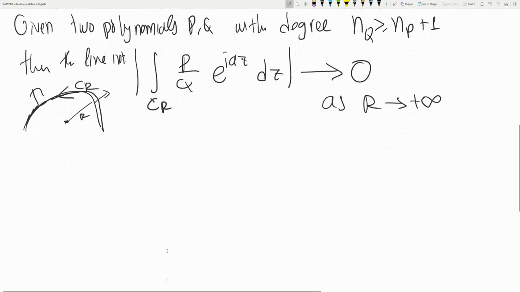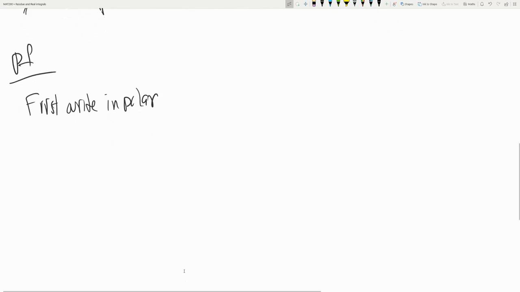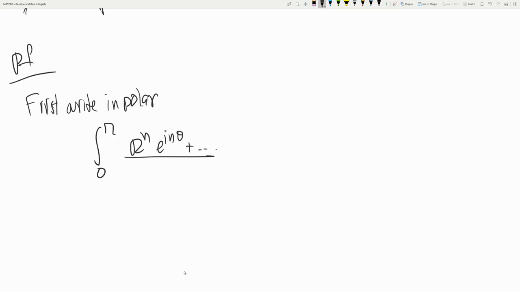All right, so let's go with the proof. As usual, I first write in polar. We write it in polar, and we have 0 to pi because it is a semicircle. We have r to the n, e to the i n theta, and lower order terms, over r to the m, e to the i m theta. Let me call it n and m, like in the book.